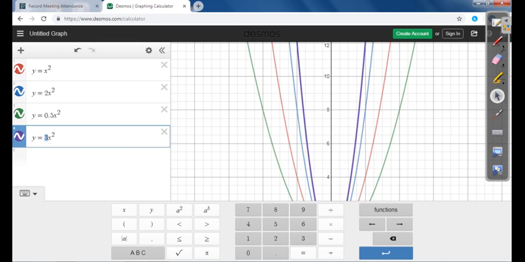Okay? Does anyone have an elastic band? Here, I have one. So, eyes on me for a second. So here's your original graph, okay? And I want to make it narrower. What do I do to it? Which way?